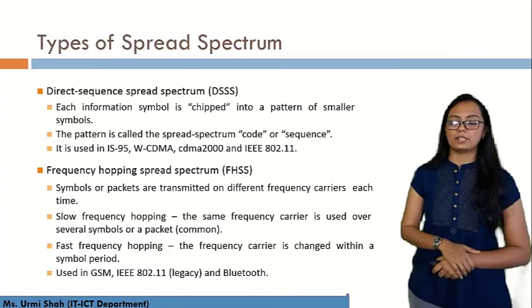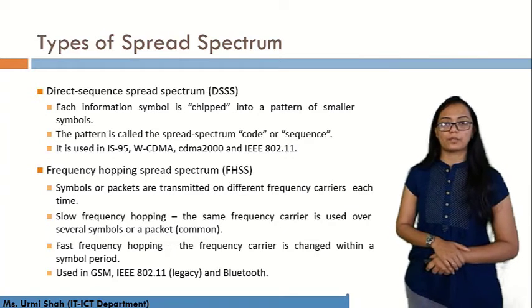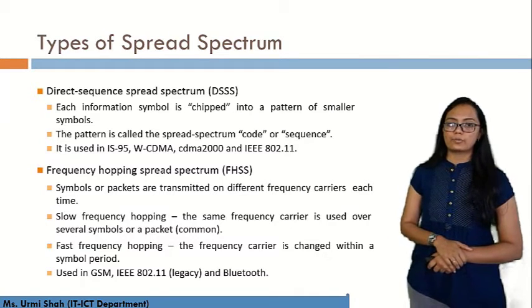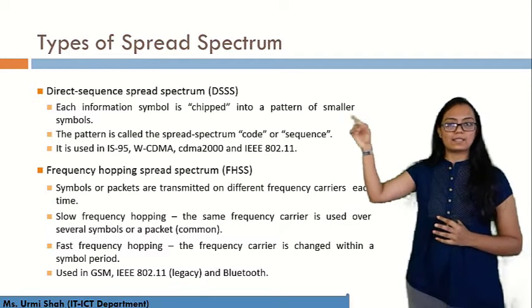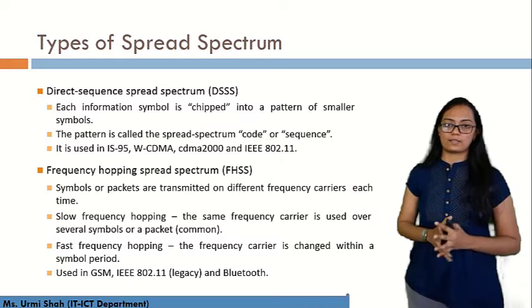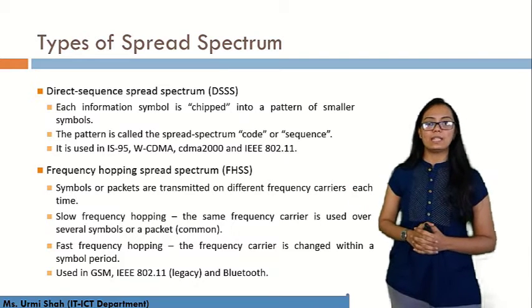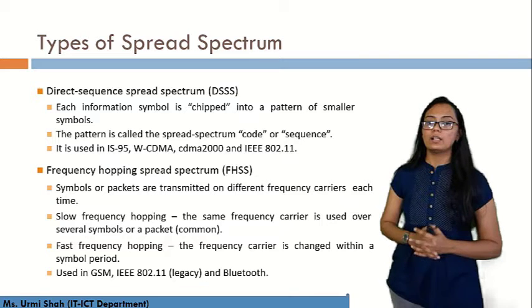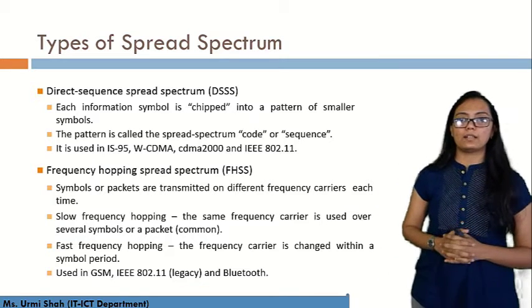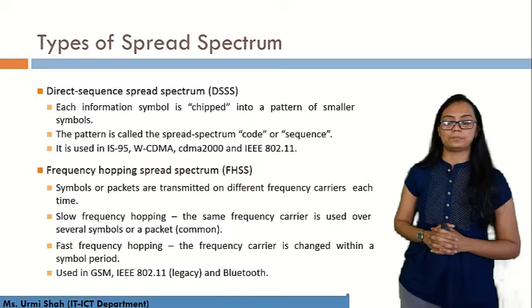Now, what are the different types of spread spectrum? The different types which we have already discussed are DSSS and FHSS. In direct sequence spread spectrum, each information symbol is chipped into a pattern of smaller symbols.